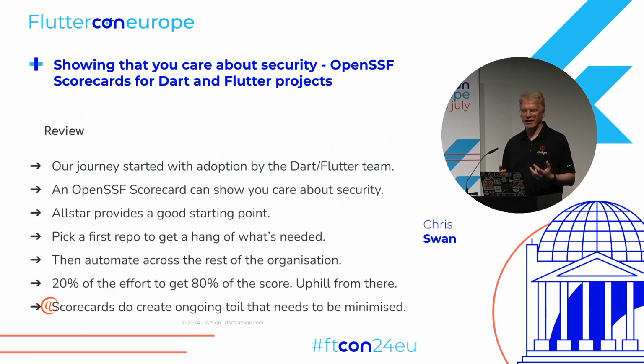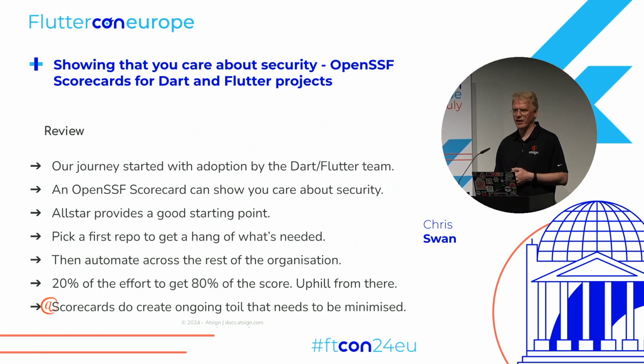Pick a representative repo first as a way of getting a hang of what's going on. And then having fixed up that repo and got a score that you're comfortable with, you can take what you've done there and automate that process across the rest of your organization. I think it's about 20% of the effort to get 80% of the score. And 80% of the score is an 8 out of 10 and a nice green badge.